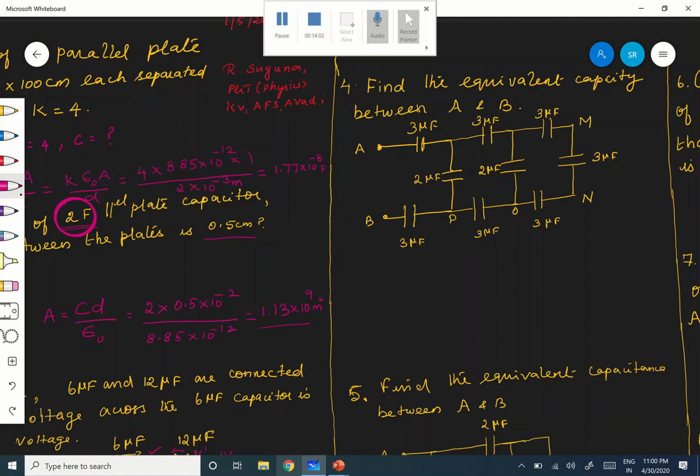Find the equivalent capacitance between A and B. Let it be CAB.